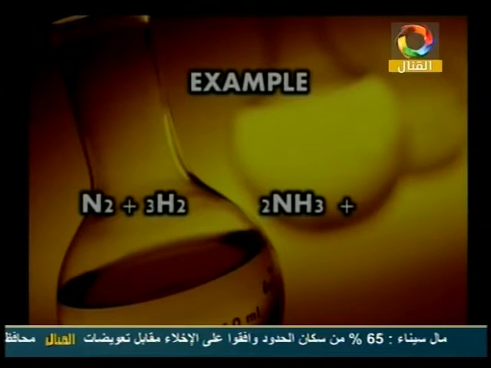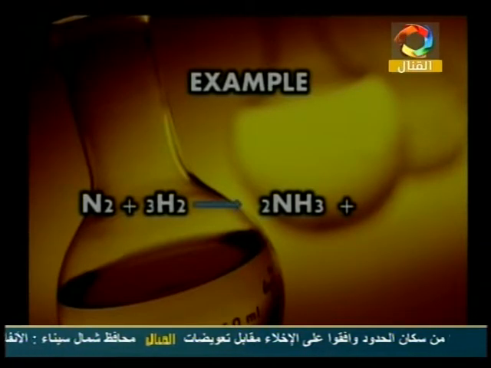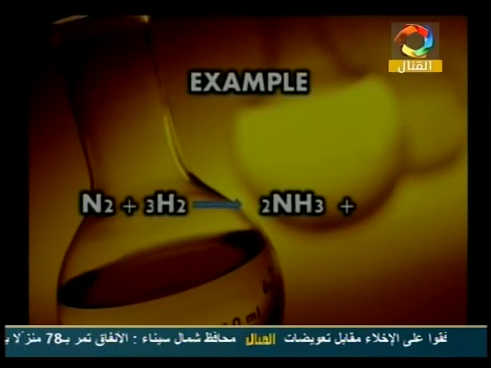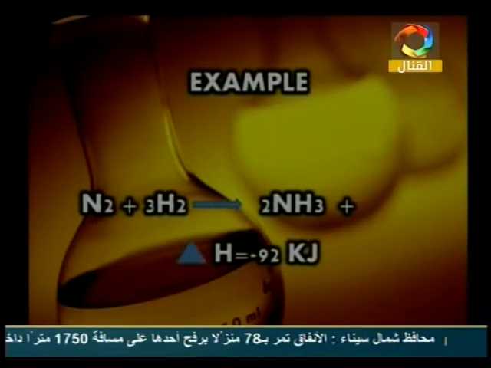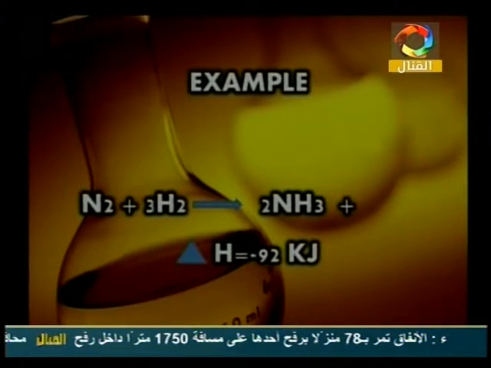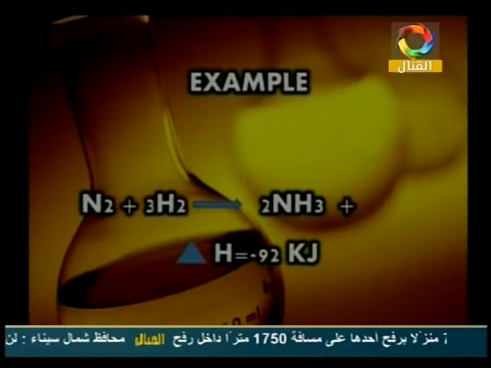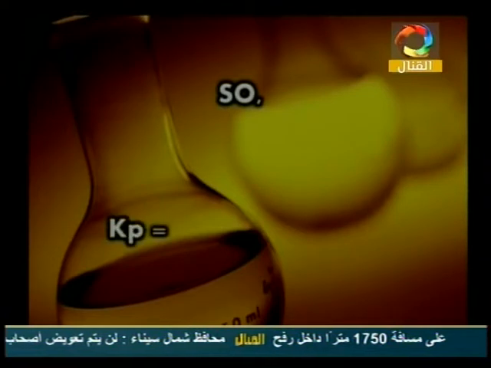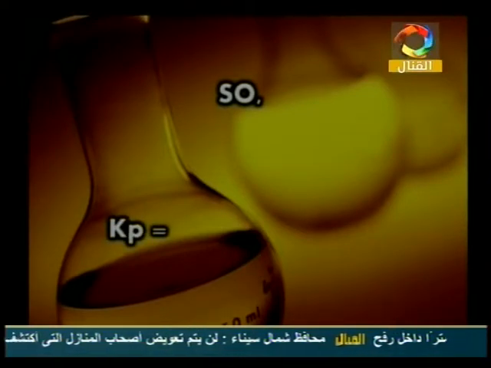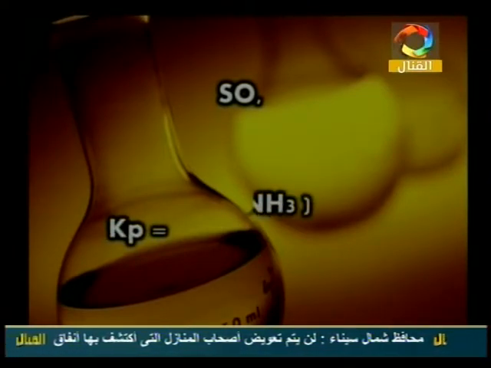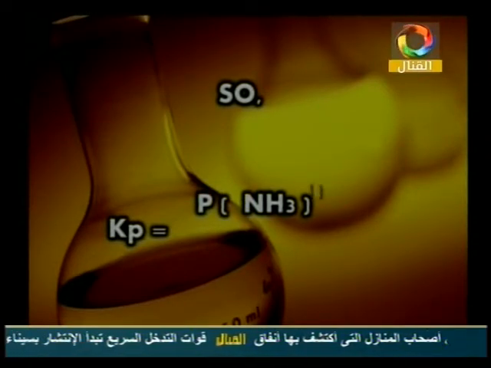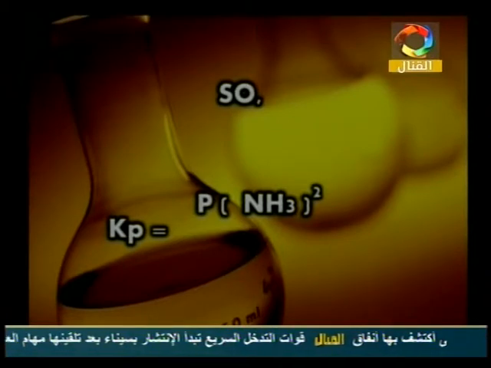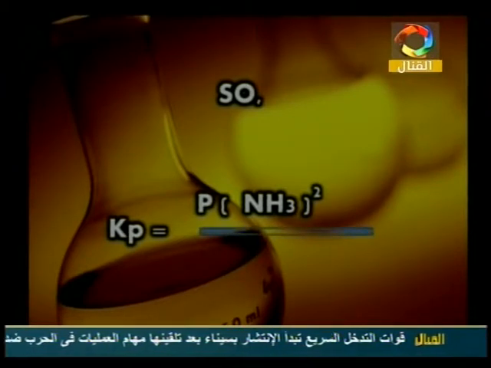Another one, we have an important example. N2 plus 3H2 gives 2NH3, and delta H is negative 92 kilojoules. For this equation, what do you need? We need Kp for this case, which equals the pressure of NH3, don't forget to put the power, divided by what?